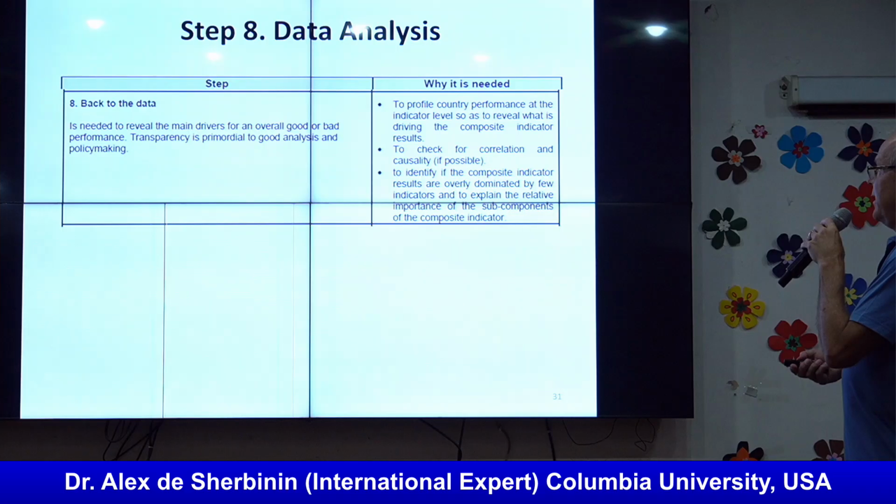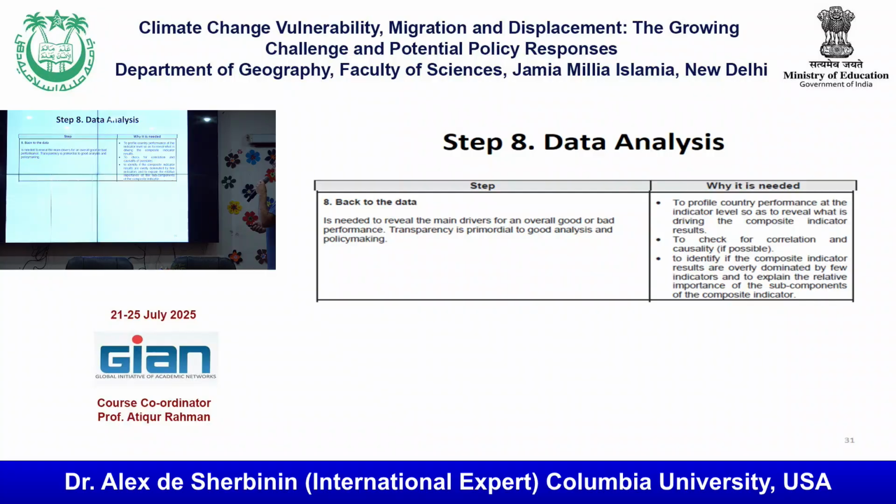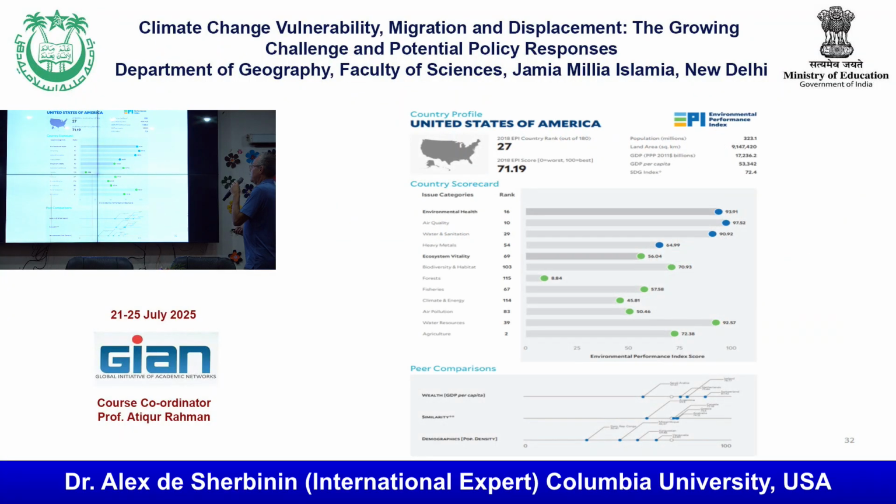Finally, you want to do data analysis, double check the different components, the relationship among the components. This is where we often say to users of the EPI, don't just look at the overall EPI score or the rank of the country as your metric, but really drill down underneath and understand, for the United States, how these different components interrelate with one another.